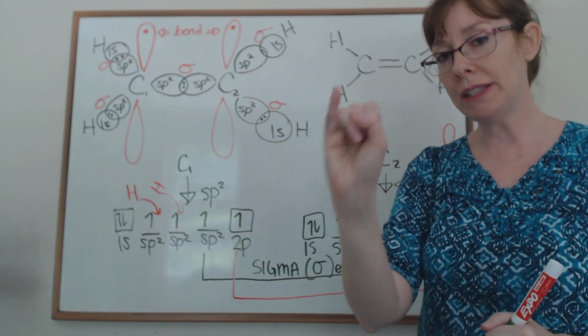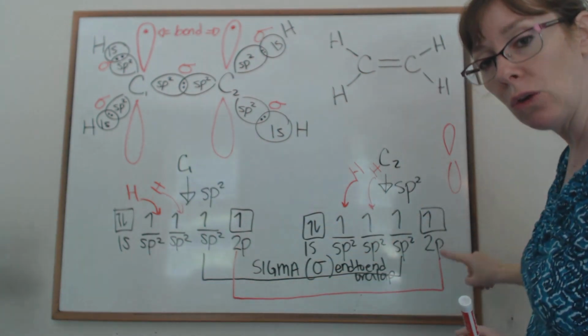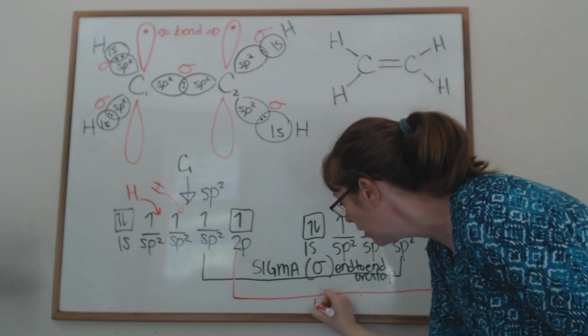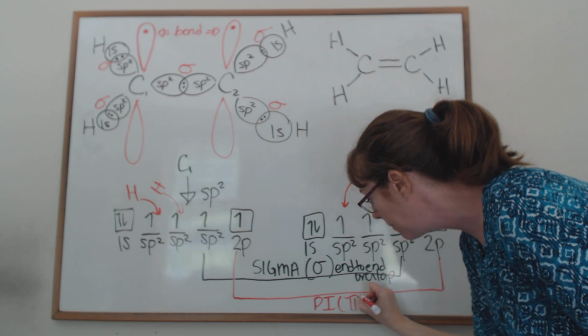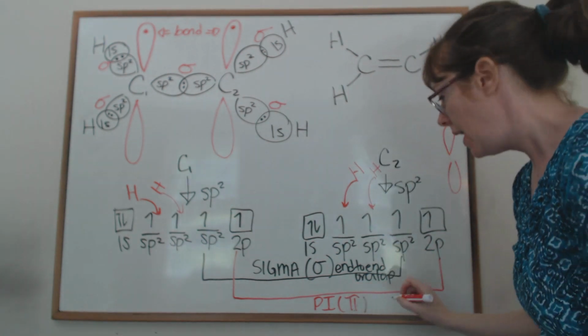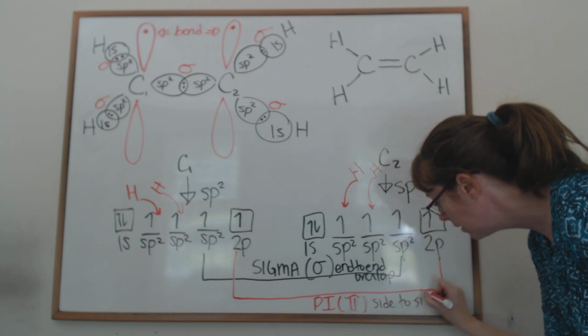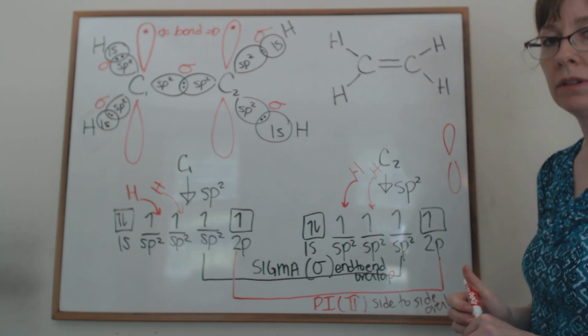The only time you're going to see a pi bond is when it involves the overlap of p orbitals. This one in red, this line here, are called pi bonds, pi, like the math pi. And these are side-to-side overlaps of orbitals.